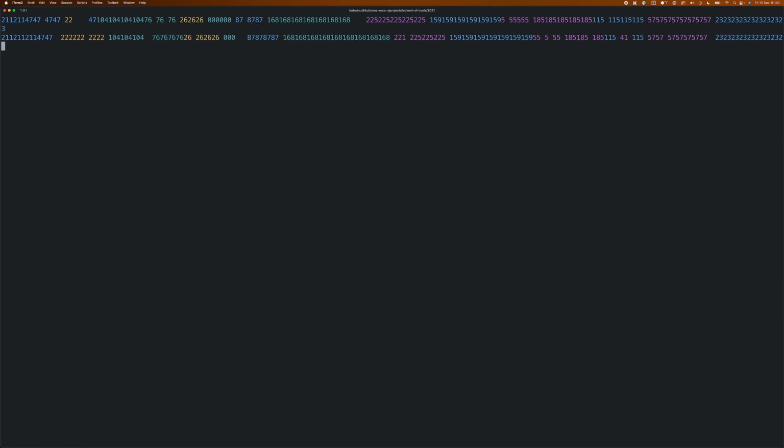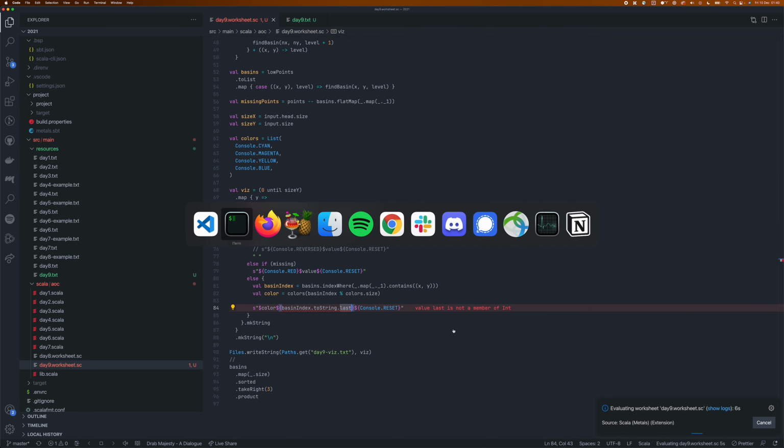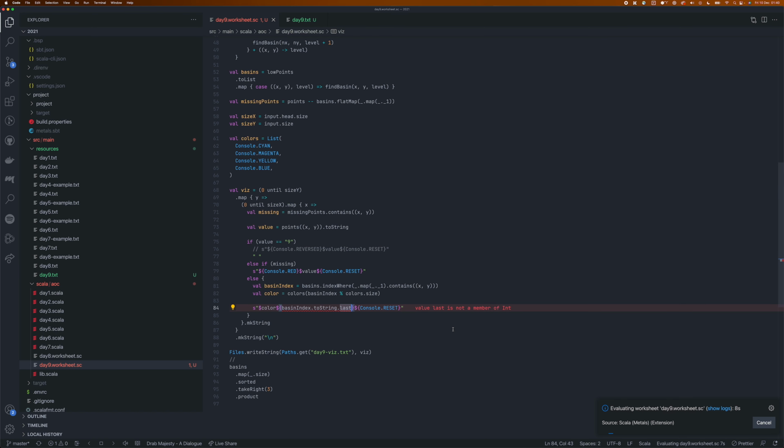Then I did something that actually showed me the way. Instead of showing the values where they were, I showed the identifier of every pool, every basin. But because I only had one character for each of them and a lot of basins, I could only show 1 digit.